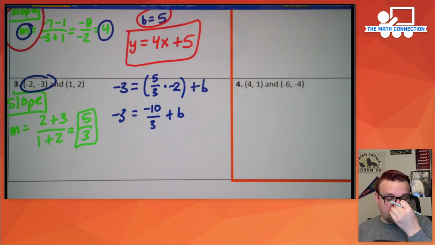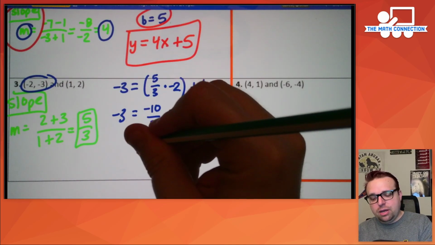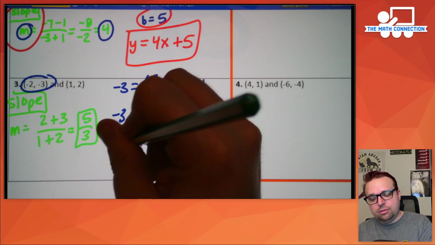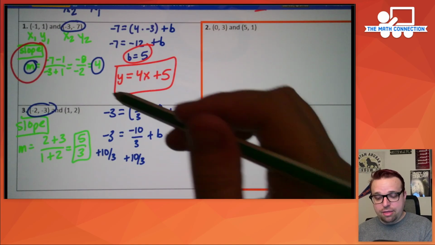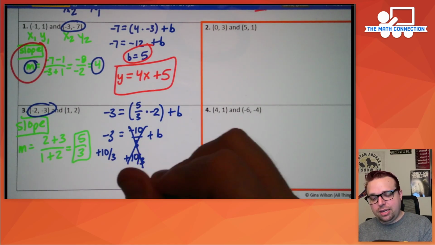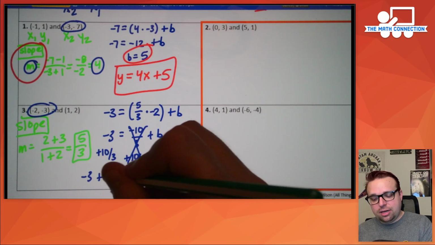Okay, so this gets a little tricky because now you have to add 10/3 to both sides, because then this, oh my god, why is that zooming like that? Sorry. Then this fraction will cancel, and you'll be left with b equals negative 3 plus 10/3.